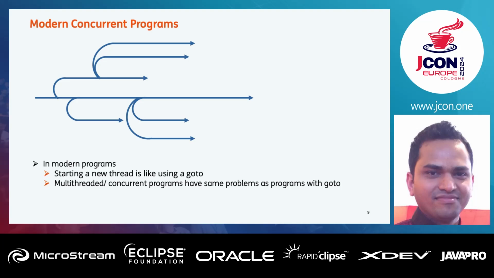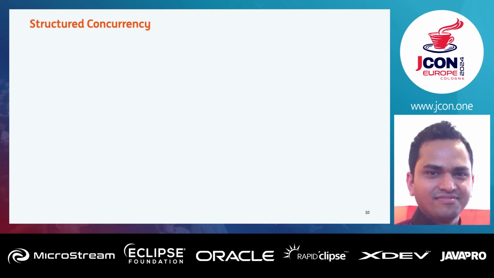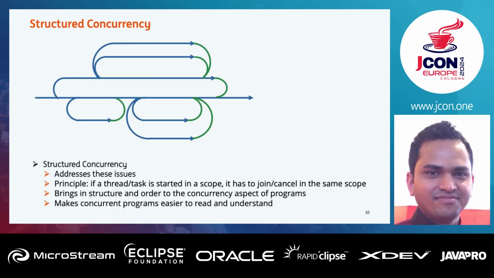Now, is there structured programming but for concurrent programs? Well, yes, there is. That is what structured concurrency is. In fact, the term structured concurrency is derived from the term structured programming. And what it does is it addresses these issues that we earlier discussed. And the principle here is that if a thread or a task is started in a scope, it has to join or cancel in the same scope.